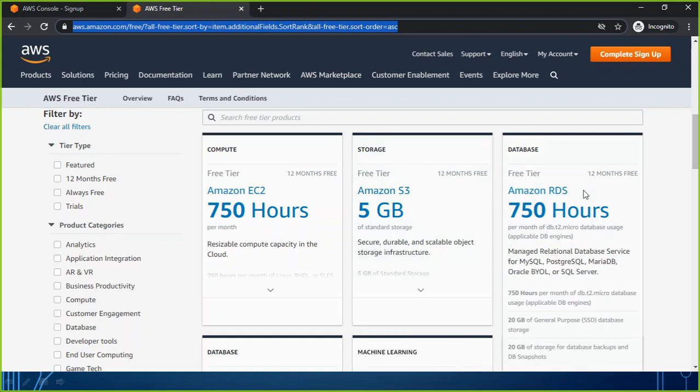We have some other services like RDS, Relational Database Service, that is also giving you 750 hours per month with DB T2 Micro. You remember this T2 Micro from last session, where we discussed the types of VM instances. We saw micro and other terms there.